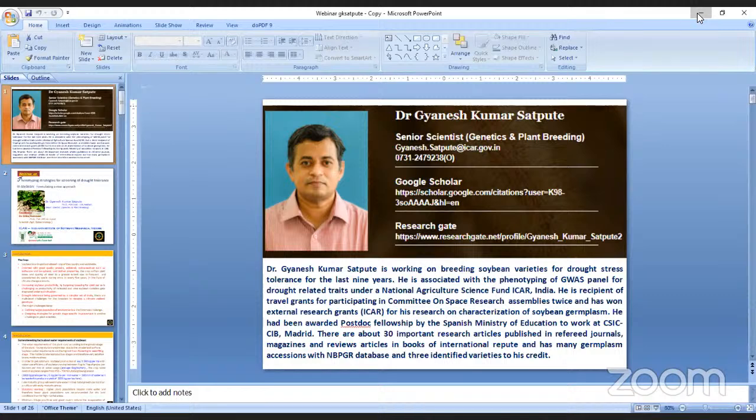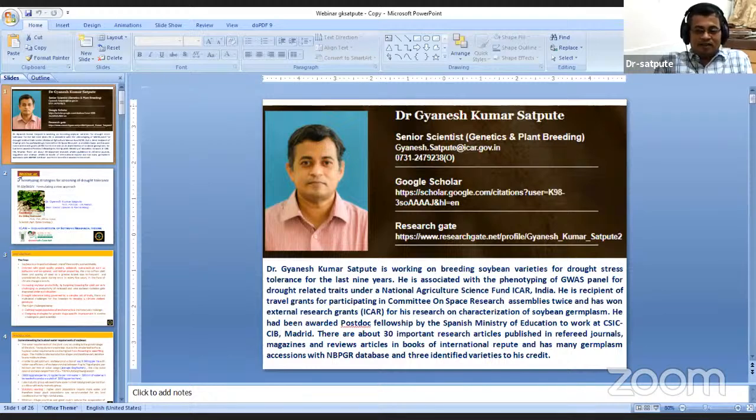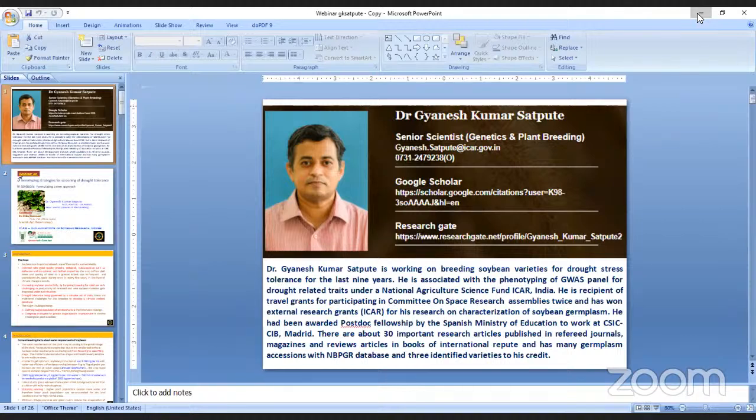And especially the drought has occurred in the last 2 to 3 years after the flowering and pod filling stage, that is, terminal drought. Is it possible to introduce this drought tolerant variety in the Marathwada region?